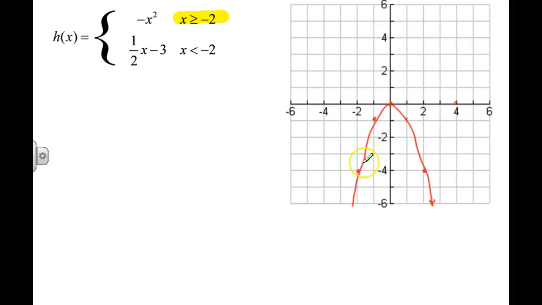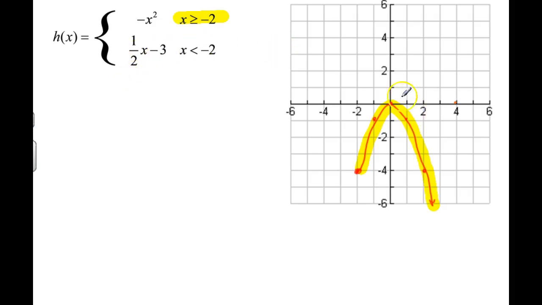So I want this graph anywhere here, right? But I don't want this graph when x is negative 2 or smaller. So I'm going to erase this part. I'm going to make sure to make this a closed circle right there because of that sign. It's equal to. So that's the first half of the graph. Looks something like that.